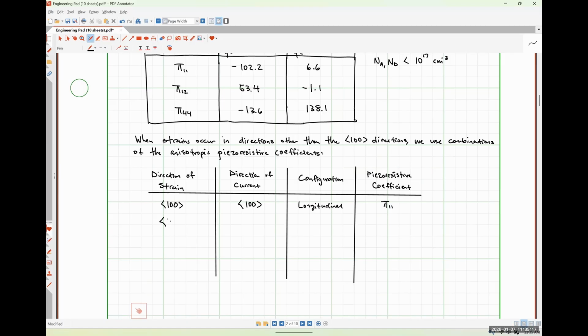When our strain is in the 1, 0, 0 direction and our current is in the 0, 1, 0 direction, so that's 90 degrees orthogonal, we are in a transverse configuration, and we use the pi12 coefficient.